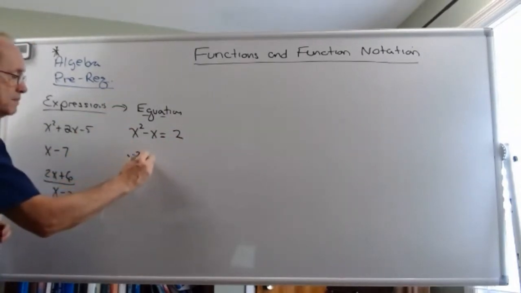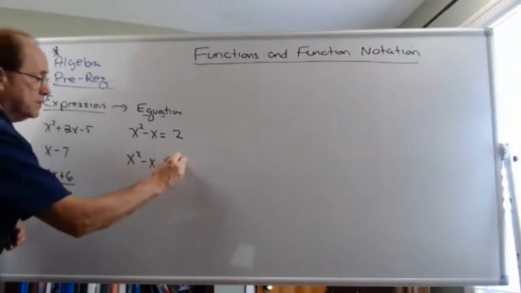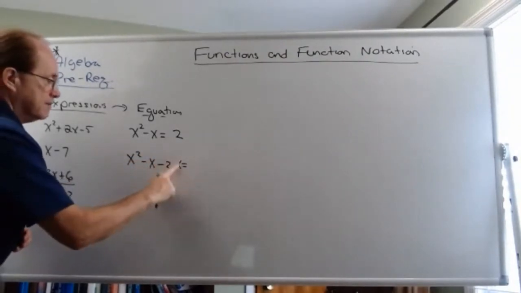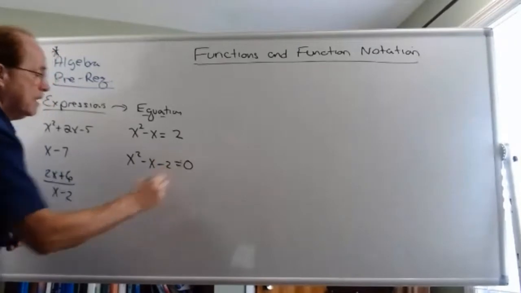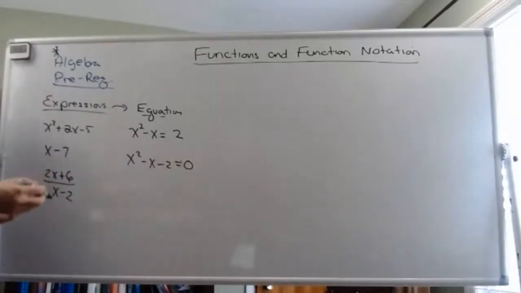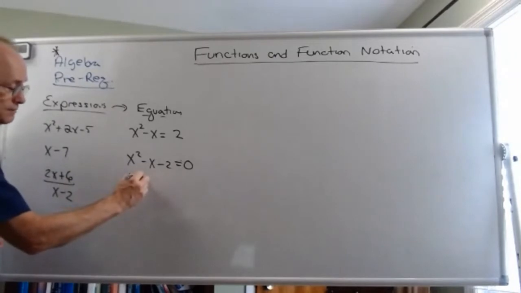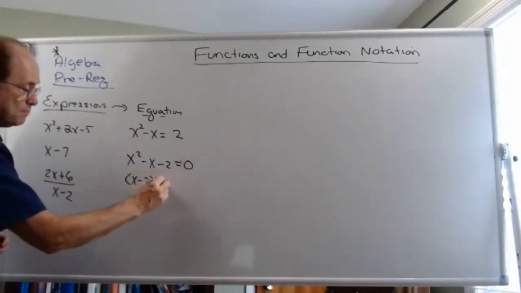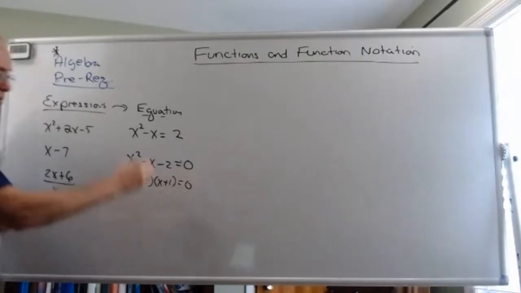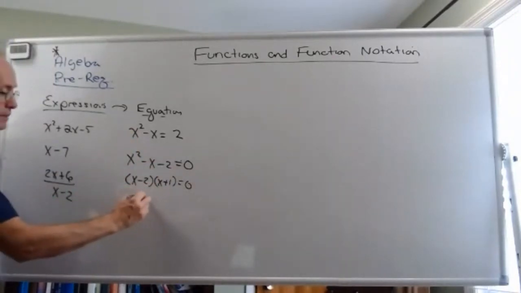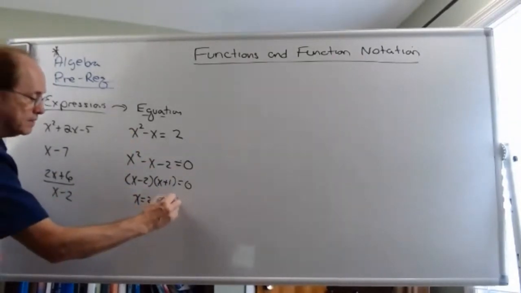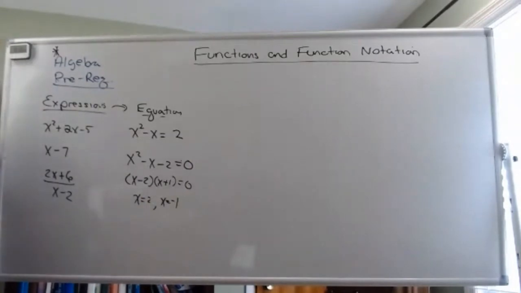So you might say x squared minus x minus 2 is equal to 0. And we learned we could do things such as factoring: x minus 2 times x plus 1 is equal to 0. And we learned, okay, x equal to 2 and x equal to -1 are solutions, meaning they make this a true statement.